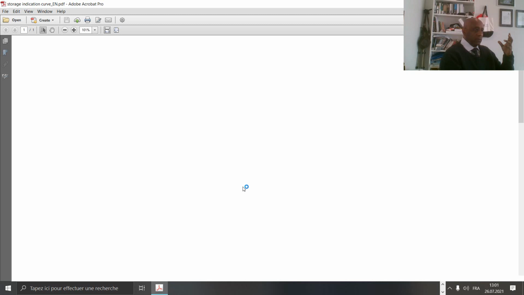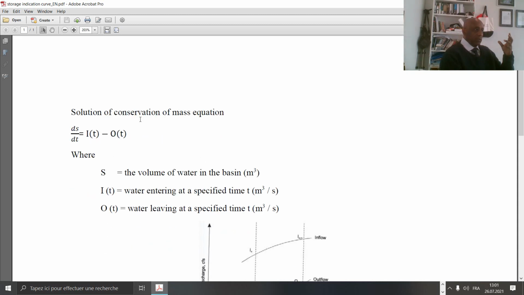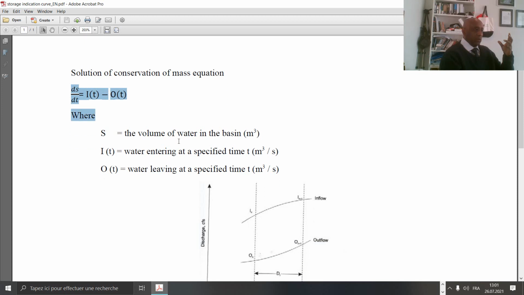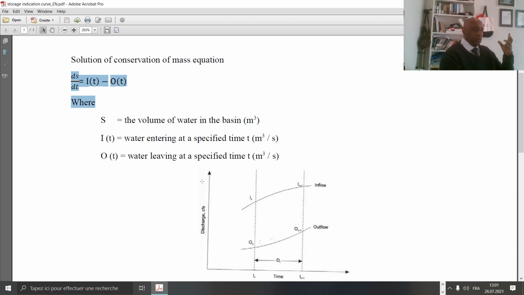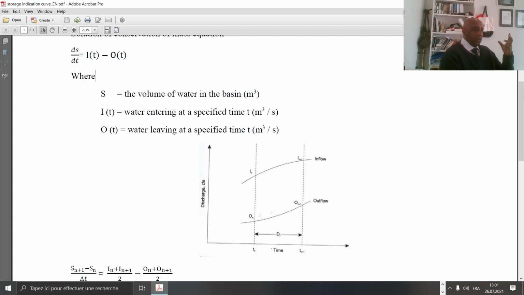Here it is. This is the conservation of mass equation, and assume that we have a hydrograph. This is the hydrograph of inflow and outflow, just simply any hydrograph.